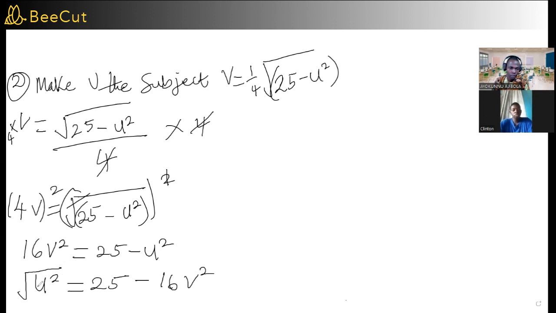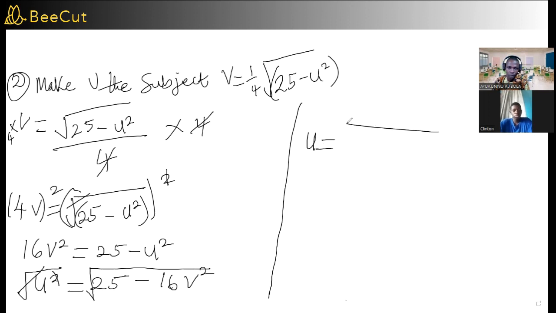So that means I will use the square root of this, then the 2 cancels this. Finally, I have my answer here, which is u equal to square root of 25 minus 16v squared.